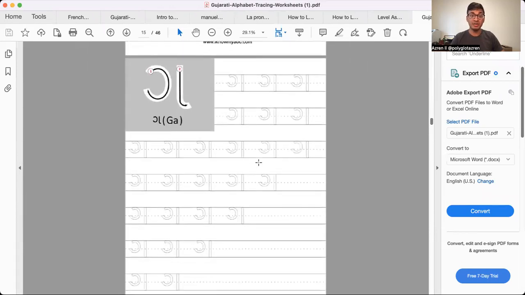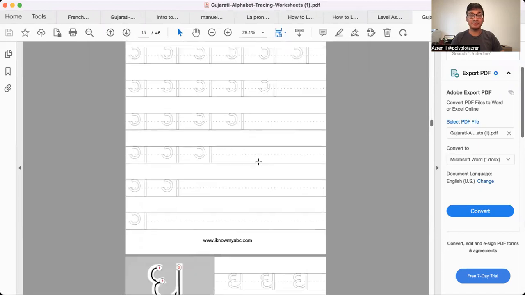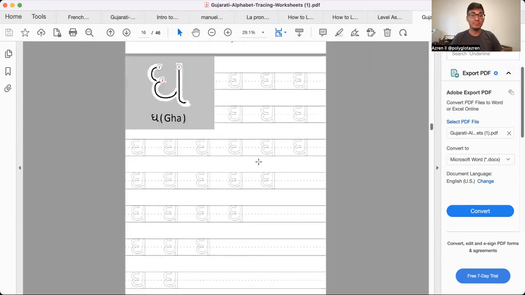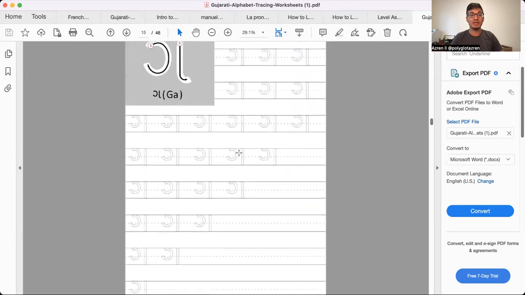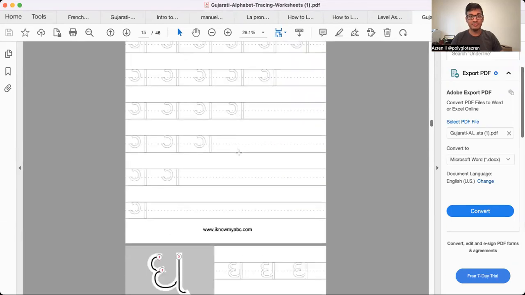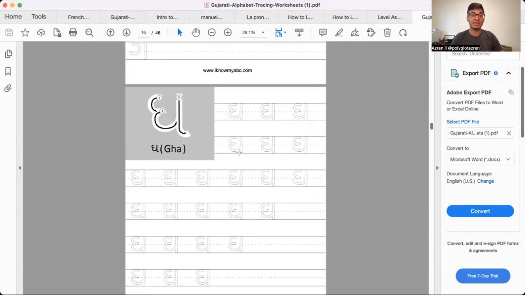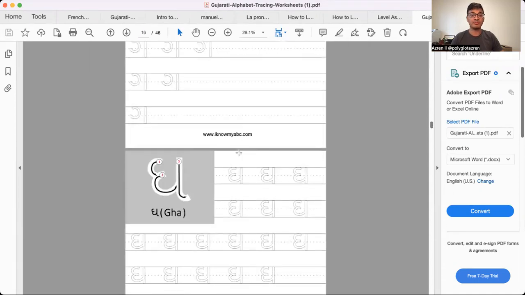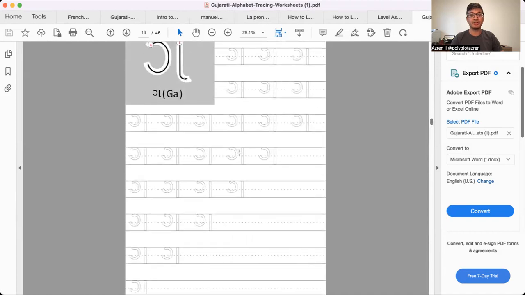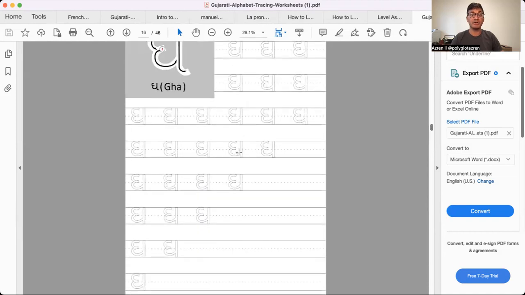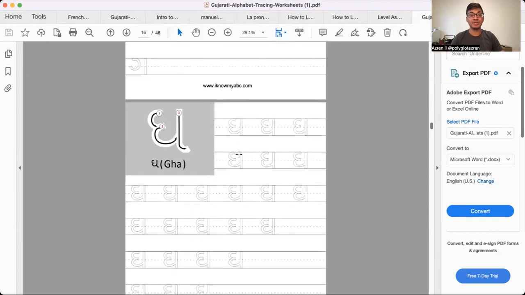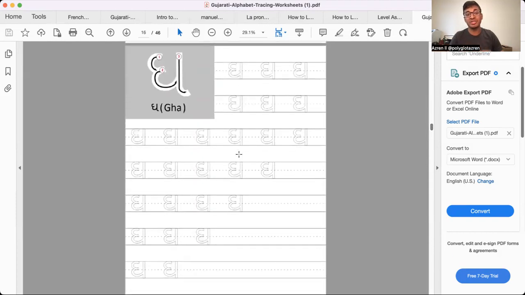We have ga unaspirated, ga aspirated. I'll say them both again. Ga unaspirated, ga aspirated. If you're struggling with that aspiration, you're going to say ga, whisper, turn your voice on.